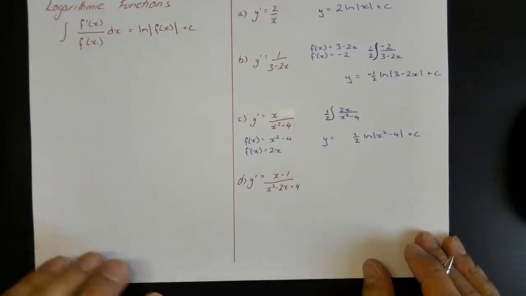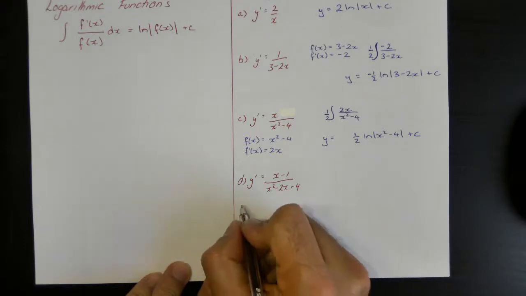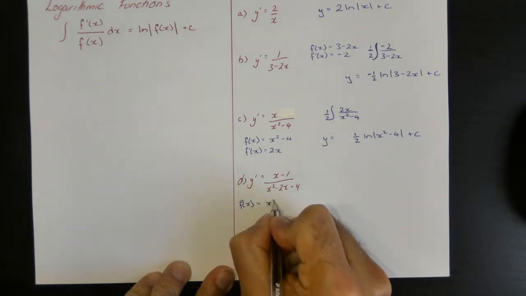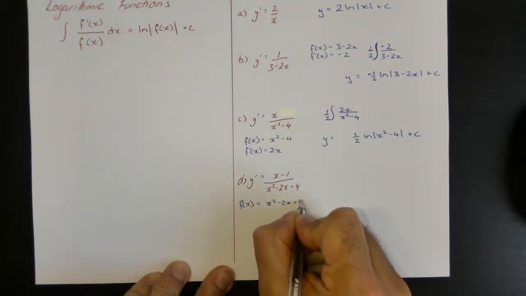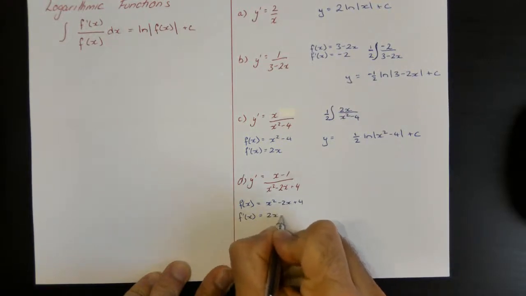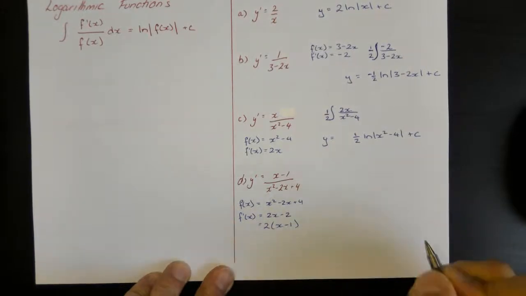Okay, same thing for this one. Let f of x equal x squared minus 2x plus 4. f dash of x equals 2x minus 2, which is 2 lots of x minus 1.